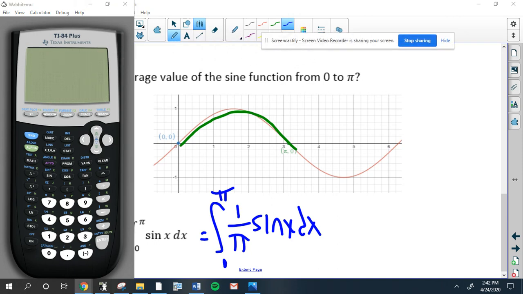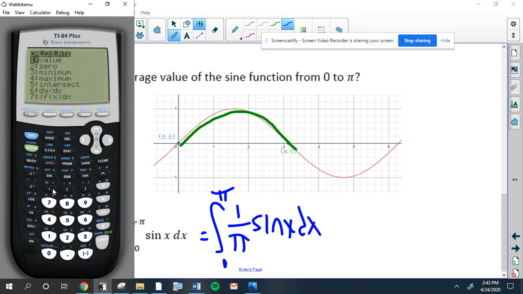So all I have to do is type in 1 over pi times the sine of x. Graph it, and now integrate it from 0 to pi. I have to wait till it's done graphing, otherwise you get that frozen screen.